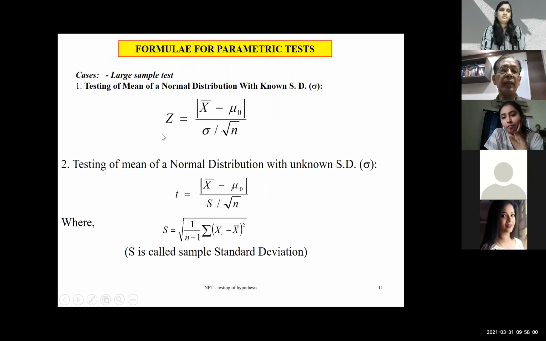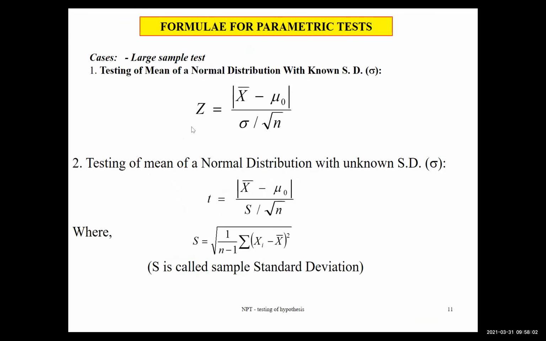So moving forward, this will not be discussed. I think these are the formula, and the purpose of showing you, reminding you, is that this will not come in the exam. These are all parametric. Please remember, we are using some values. X bar is the sample mean, and mu is what? Population mean.